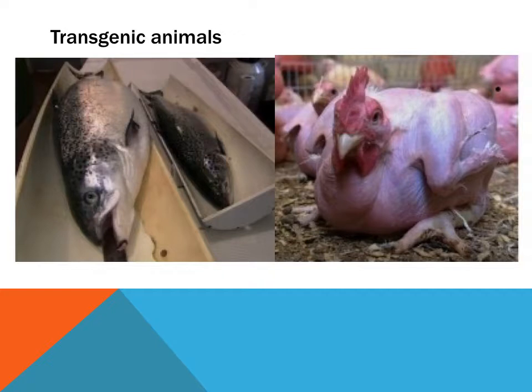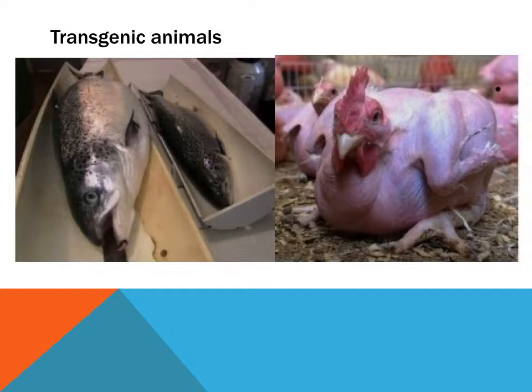Same thing with chickens. Chickens are highly genetically modified because there's big business in making chickens. They have changed the chicken's DNA to be born without feathers. So those chickens don't have feathers, so it's easier for them to kill them, take their skin off, and sell those chickens at the supermarket.